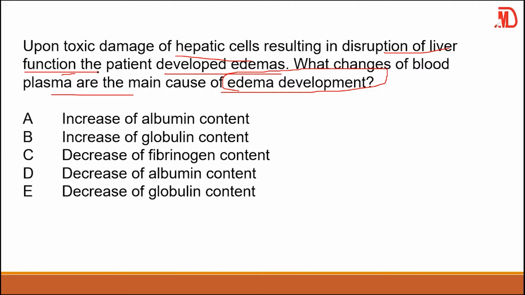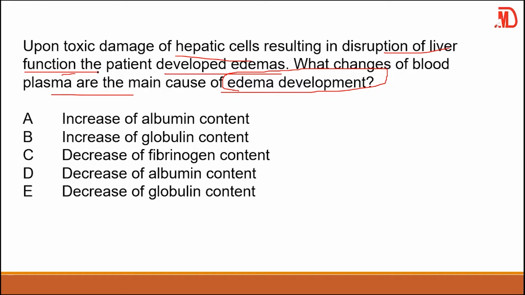Albumin. Exactly. So albumin is the highest content of protein. So always you are thinking of albumin. Albumin is what controls or maintains oncotic pressure in the blood.